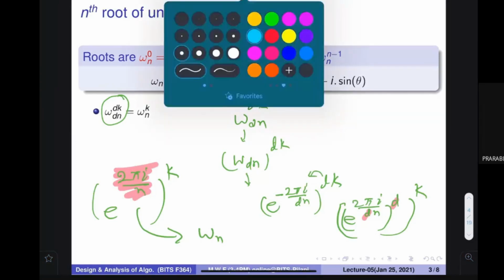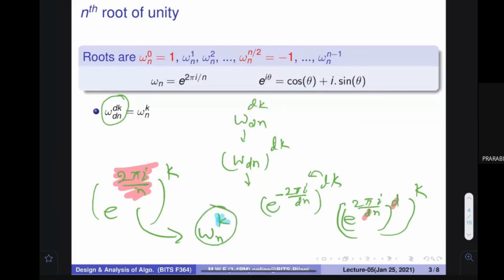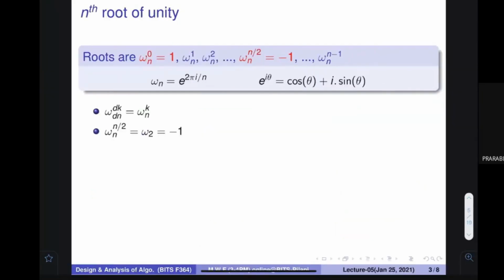Similarly, if you put ω_n to the power n/2, in the same way you can prove that it is ω_2, where we assume that n is divisible by 2. It is e to the power 2πi/n, to the power n/2.